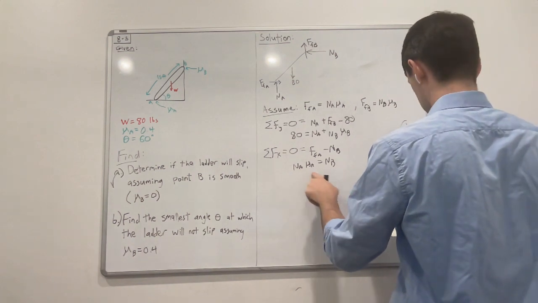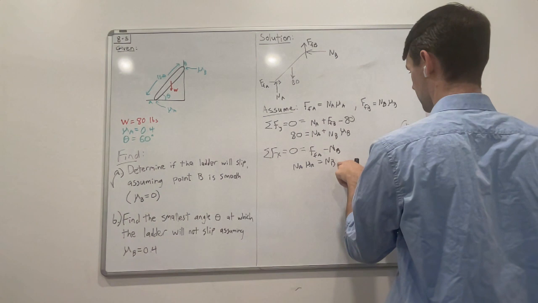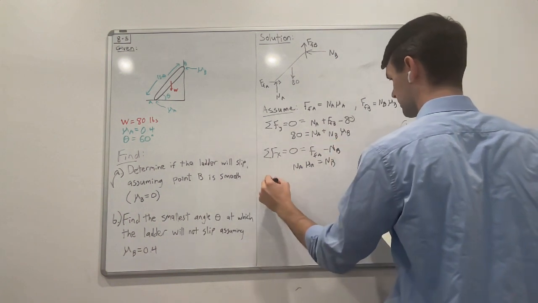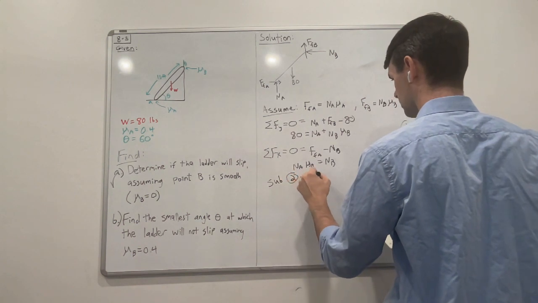So we have this relationship. Let's sub this value for NB into equation 1. So we're subbing equation 2 into equation 1.